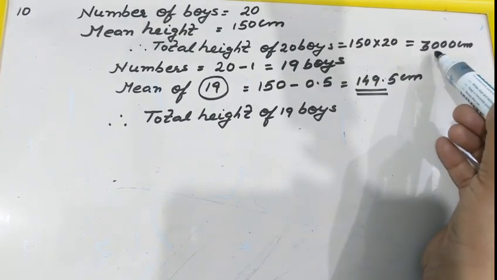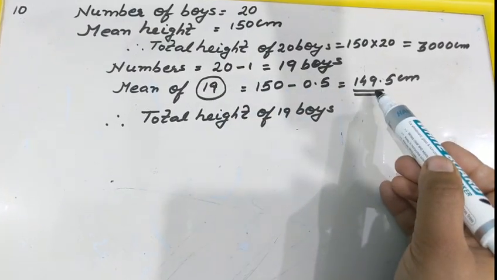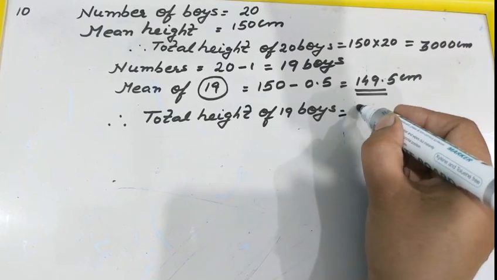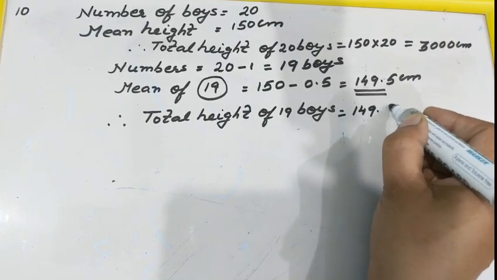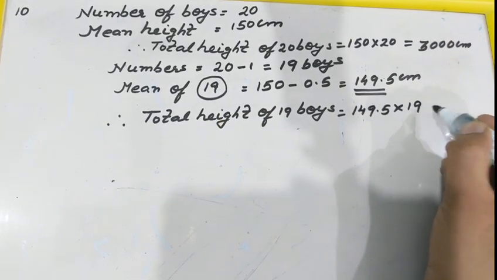This way you'll find the total height of 20 boys, and this way you can get the total height of 19 boys. So let's calculate. Mean is 149.5 into the number of observation 19.